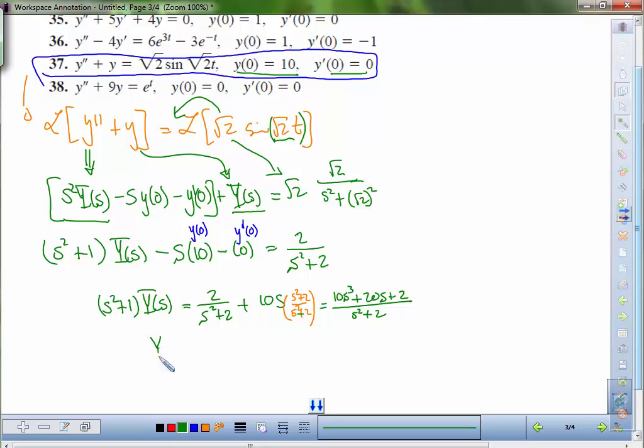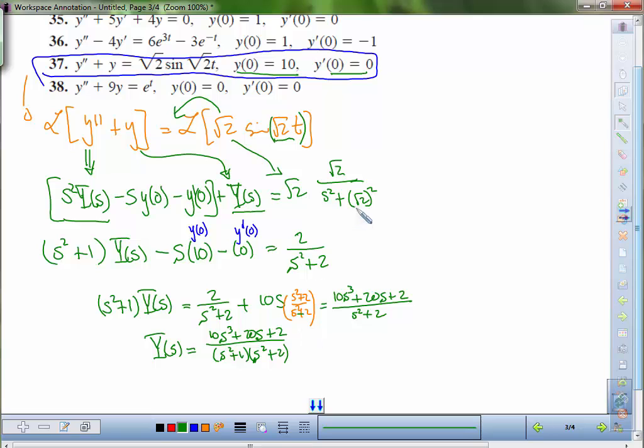So my Y(s), finally got it by itself, is (10s^3 + 20s + 2) divided by (s^2 + 1)(s^2 + 2).